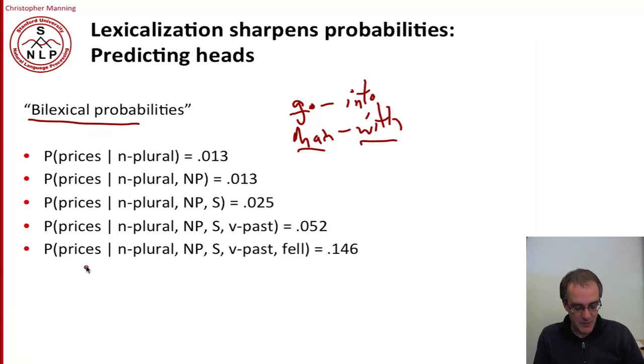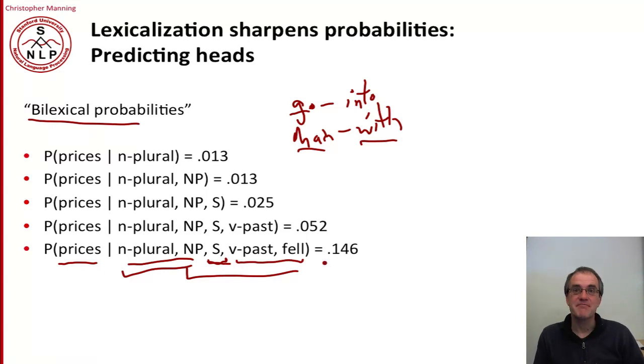So the Charniak model also has bilexical probabilities. Here are the chances of choosing the head noun of a plural noun phrase, given some amount of information, which might include information about the noun phrase, but also information about what its parent category is and what the head word of the whole sentence is.